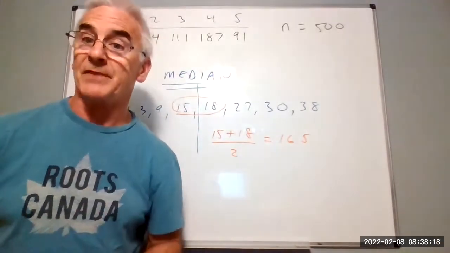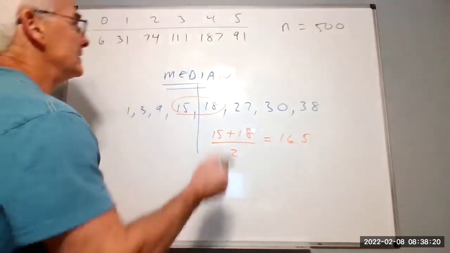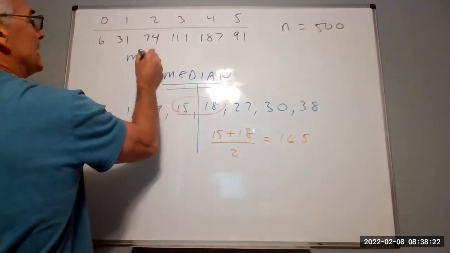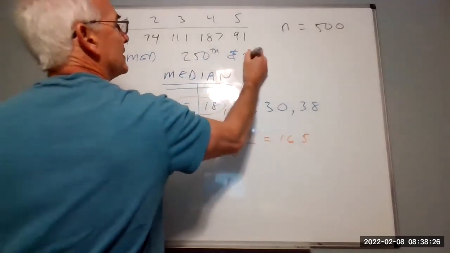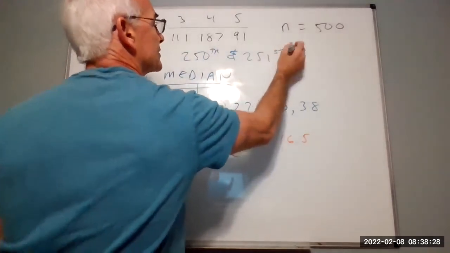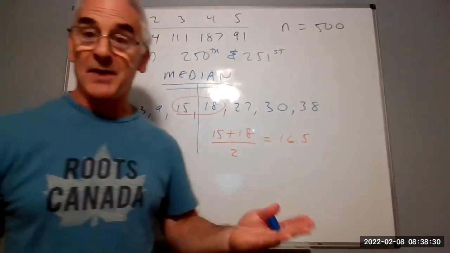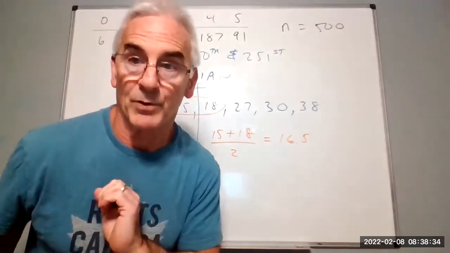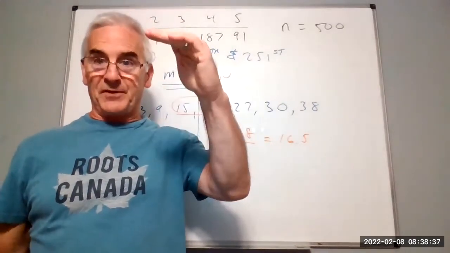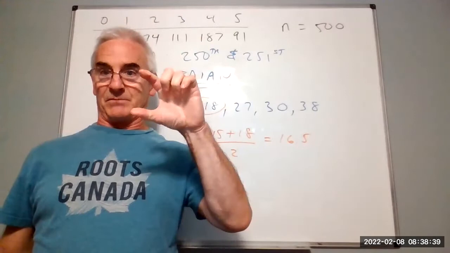I have 500 values. Where is the median? The median would be, I would use the 250th and 251st values because I have 500 numbers. If I put them in order, I don't have one number in the middle. I have 2, the 250th and 251st values. Does everybody see that?